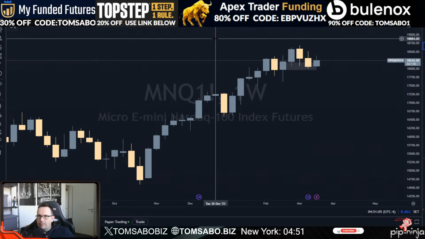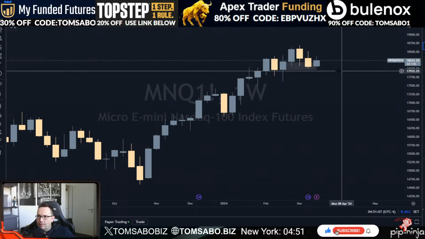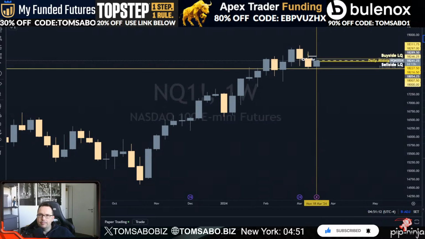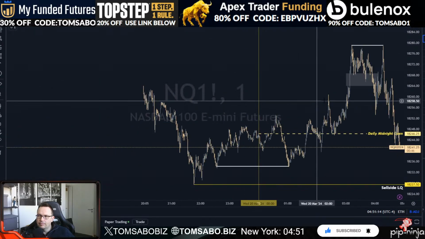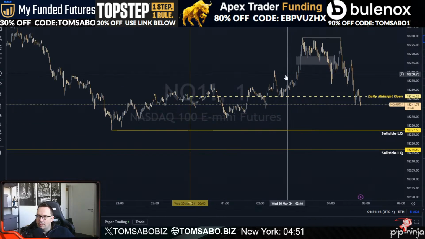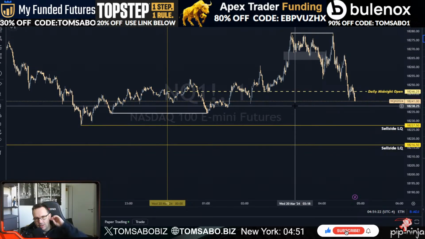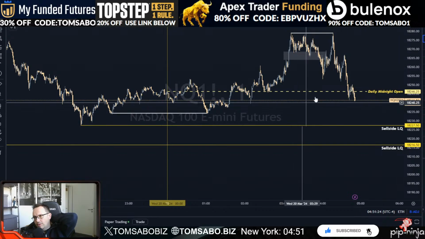If this would close below here, not sure. Not sure what the plan is here. The only plan that has some reasoning is if they want to take out those Asia lows around 27.